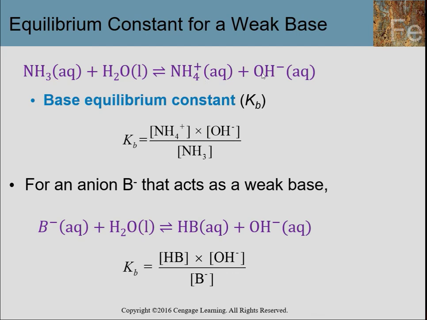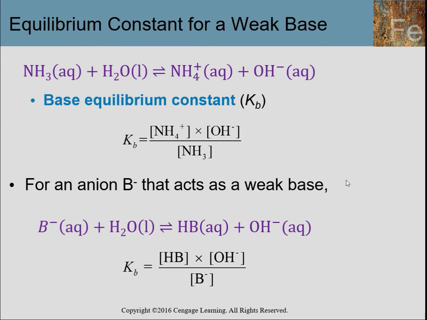It's going to be hydroxide times the resulting cation, the one that's made as the base receives the proton, the conjugate acid, divided by the base. Same format, same thing, always ones, makes life a little bit easier. It's just sometimes a little difficult to write the equations.